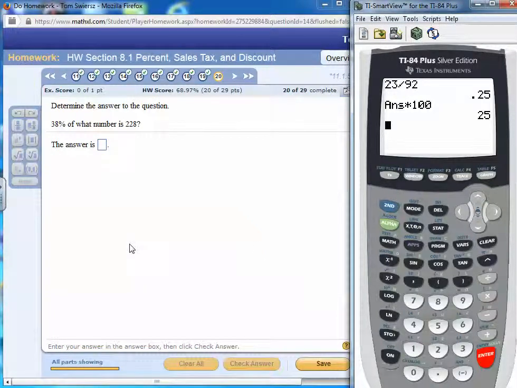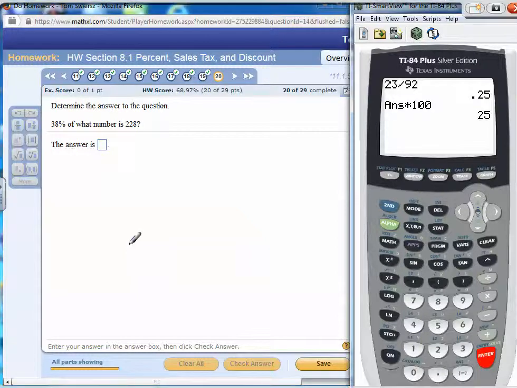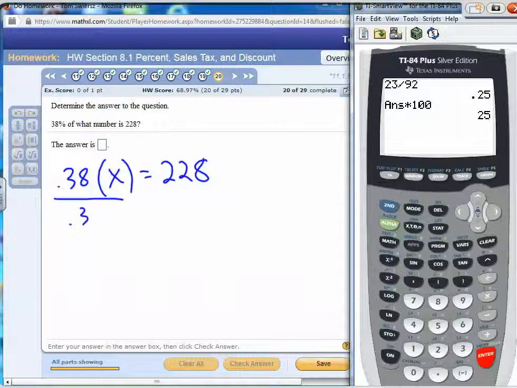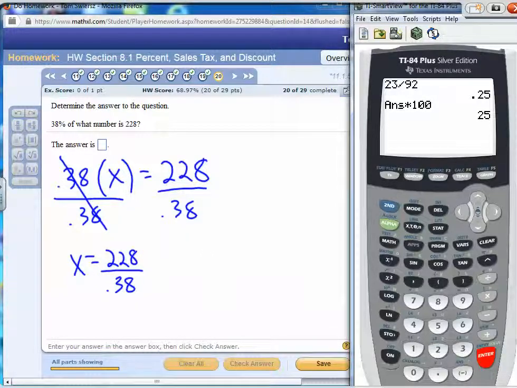38% of what number is 228? You're missing the base. 0.38 times what number equals 228? We divide by 0.38, the 0.38s cancel, and we get x equals 228 over 0.38. Or as a proportion, 38% is 38 over 100.